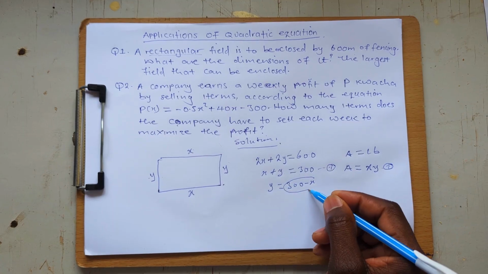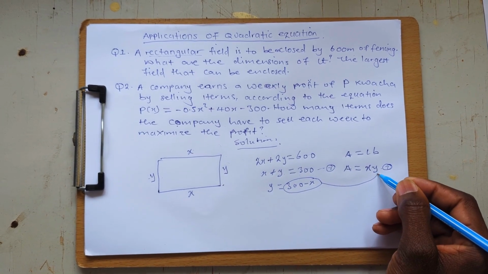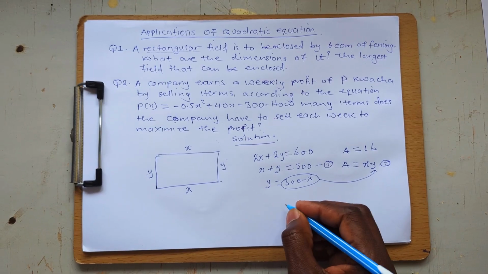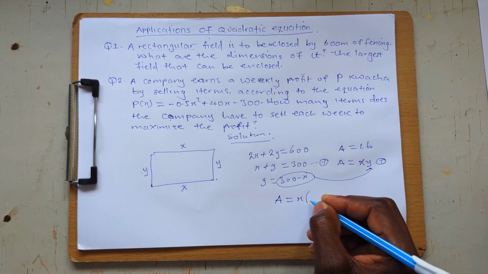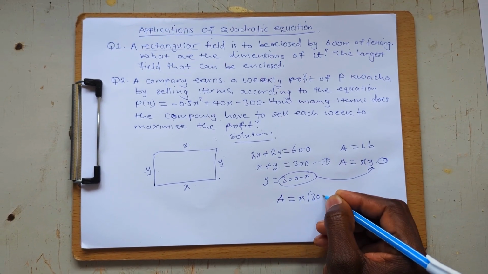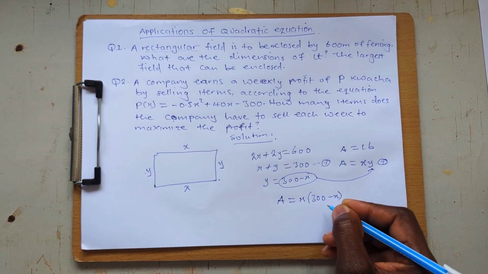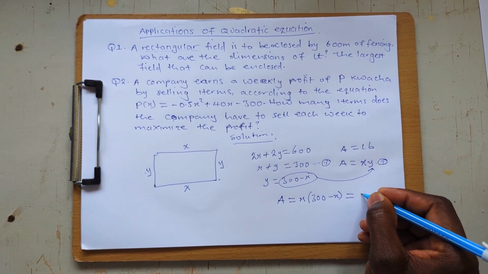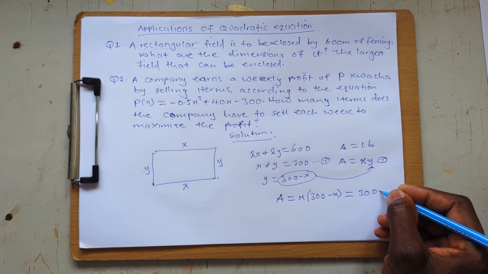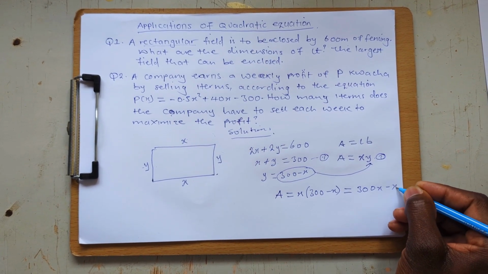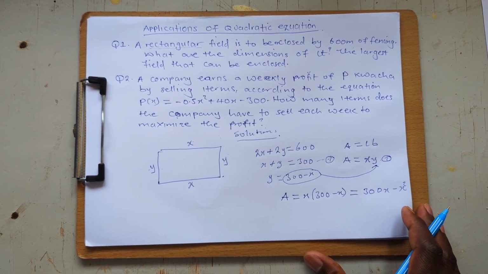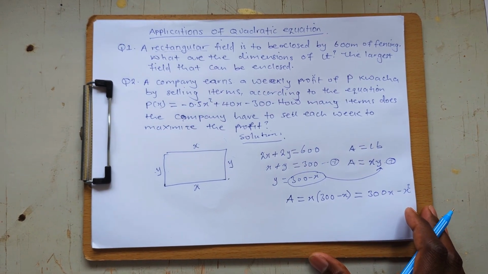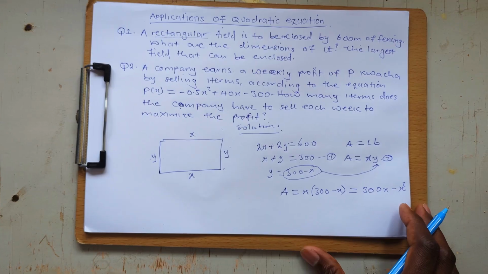So I have to substitute this for y in that equation, so that our area is x, open bracket, 300 minus x, meaning that our area in this case will be 300x minus x squared. Do you still remember how you get the turning point of a given quadratic equation?